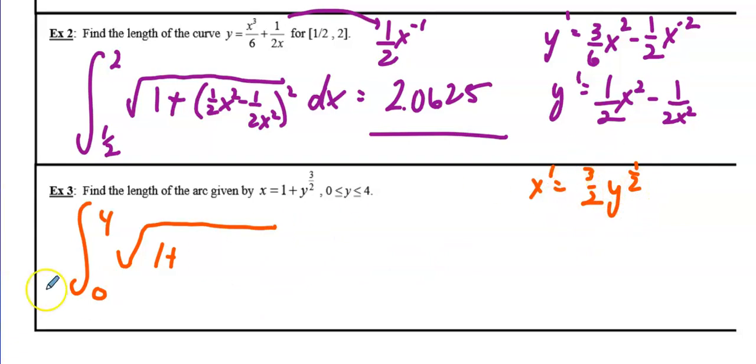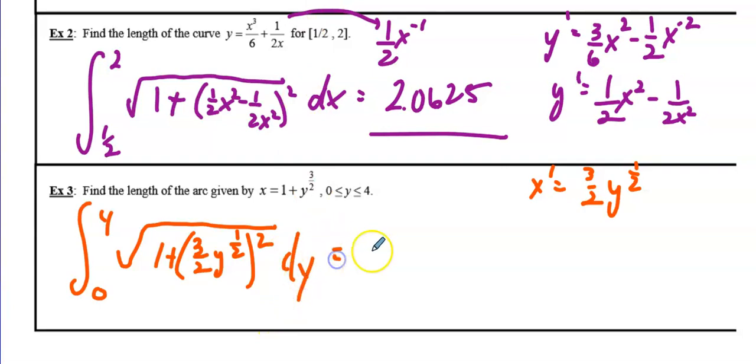We're going to take this function, rewrite it where our derivative should be, square it, and do dy. No dx, we're going to do dy there. We're going to plug it into our graphing calculator, and we get 9.073. That, ladies and gentlemen, is the short way of telling you how to find arc length.